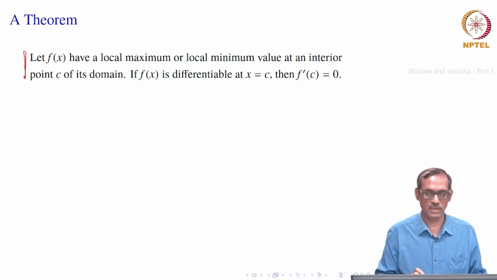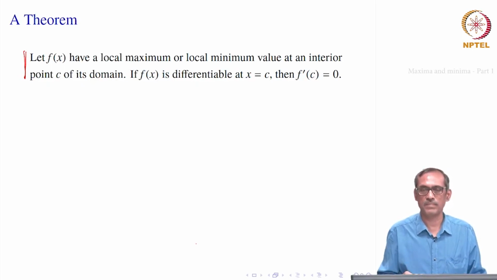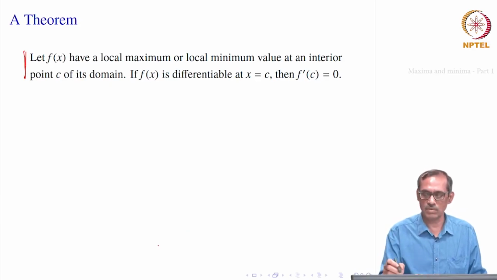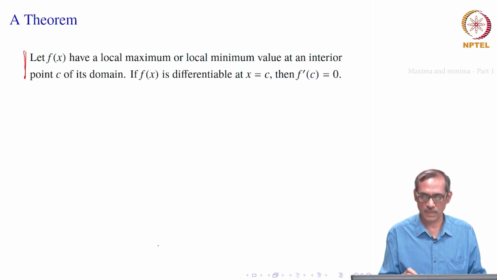It is a theorem. What does it say? Suppose f(x) has a local maximum or a local minimum, either one, that is, f(x) has a local extremum at an interior point c of the domain. Suppose f is defined over D, and D is a closed interval [a, b]; then any point in the open interval (a, b) is an interior point.